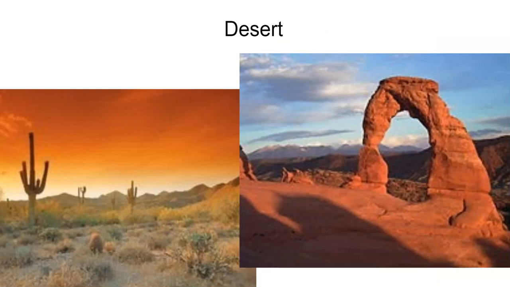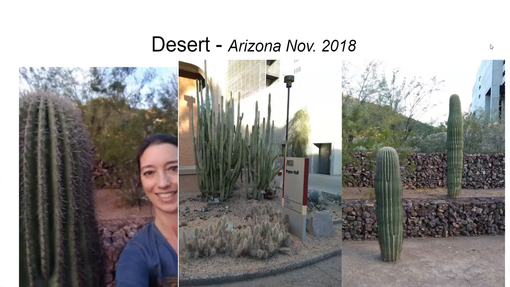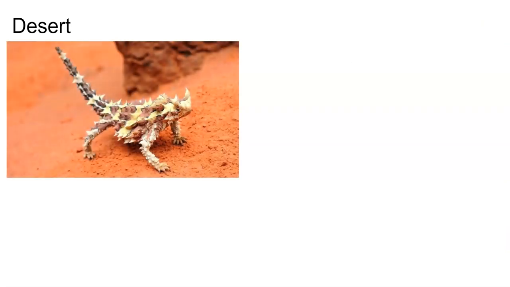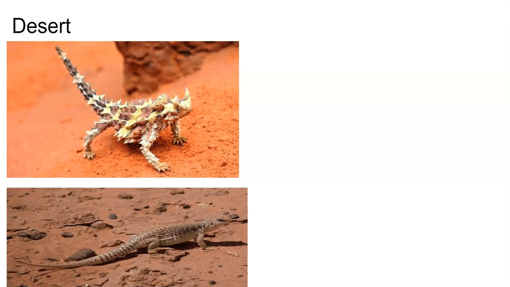All right, we're moving further south now. So if you were in Alaska or northern Canada and you moved even further south down into like Arizona, Nevada, you would see a desert like this. Not many of your teachers have gone to the desert, so I've got one picture of me, a couple pictures of Arizona State University, which is in the desert, but the rest of these pictures I pulled online. There's a thorny devil. There's a lizard, so we get a lot of reptiles in the desert.